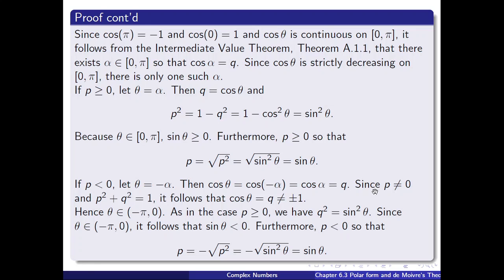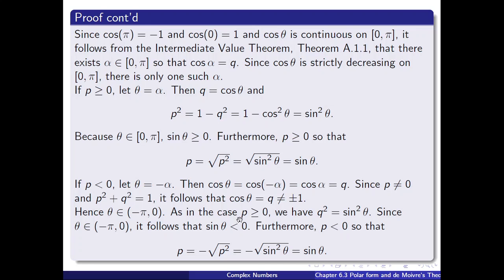And since p is not equal to 0 and p squared plus q squared is equal to 1, it follows that cos theta is equal to q, which is not equal to plus or minus 1. Because cos theta is not equal to 1 or minus 1, theta can't be either minus pi or 0, so it's in the open interval, right?